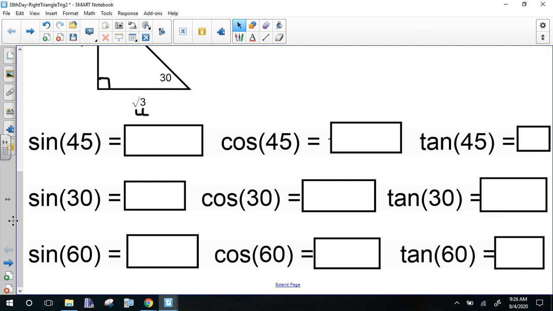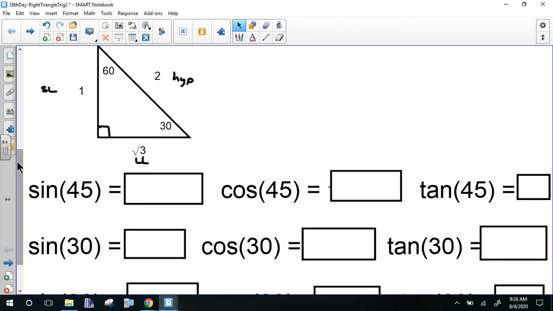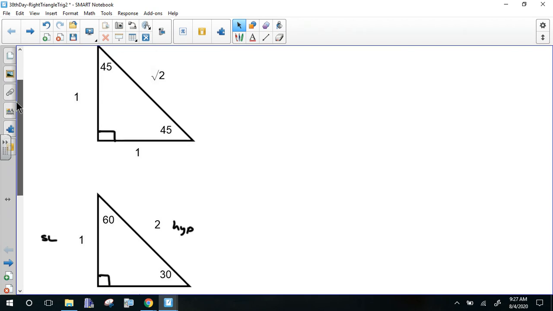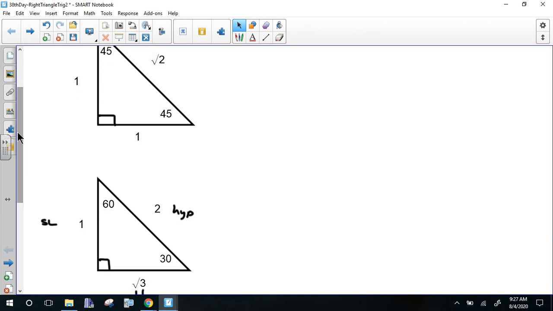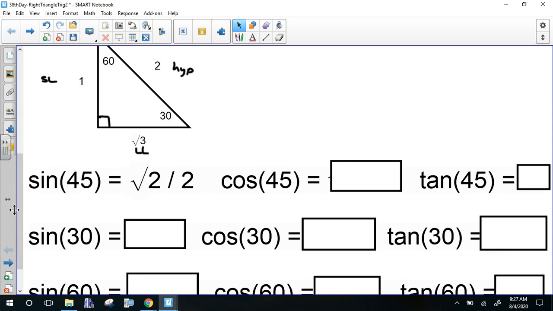Sine of 45, sine's opposite over hypotenuse. Opposite in this one is 1. Hypotenuse is square root of 2. So that equals square root of 2 over 2.